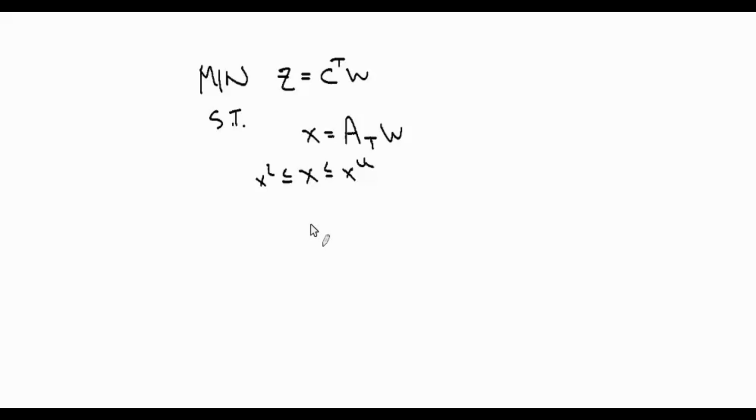Then we have A sub n W is less than or equal to Y, and W is greater than or equal to 0. And that's our linear program for the reduced primal model.